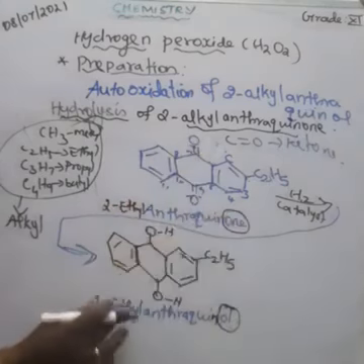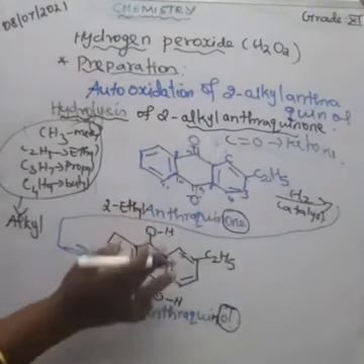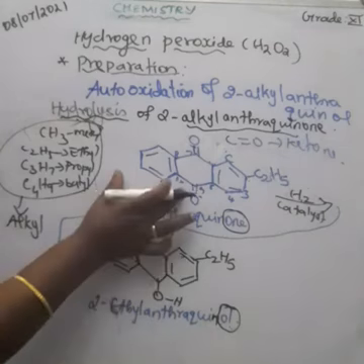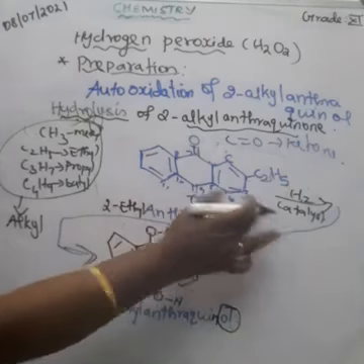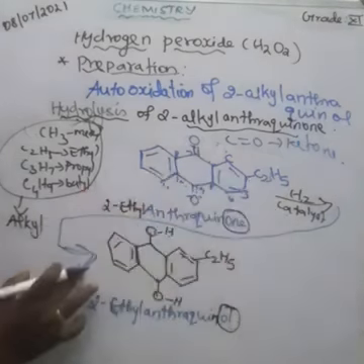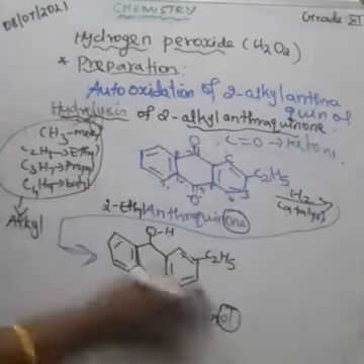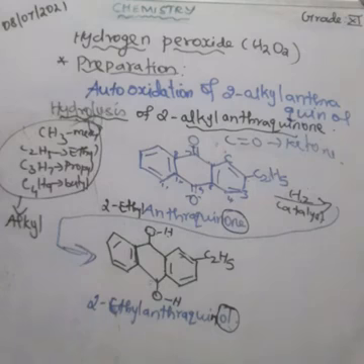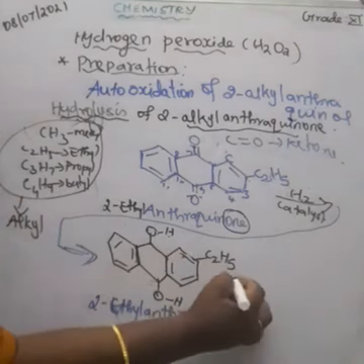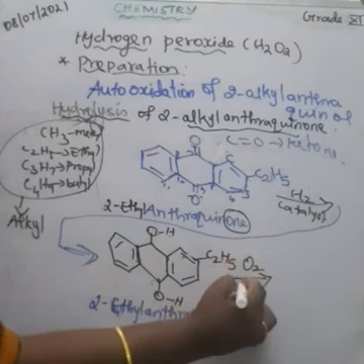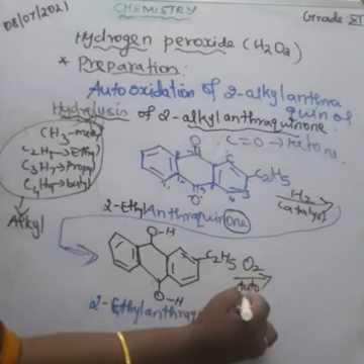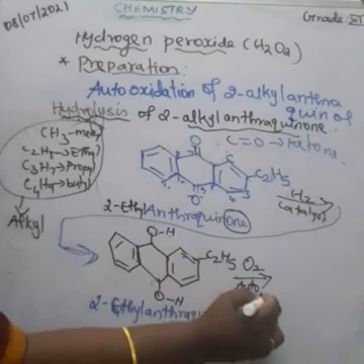So how can you prepare hydrogen peroxide? First, 2-ethyl anthraquinone undergoes reduction with hydrogen, in the presence of a catalyst, and we get 2-ethyl anthraquinol. This anthraquinol undergoes auto-oxidation. What do you mean by auto-oxidation? Spontaneous, continuous oxidation in the presence of air, O2.